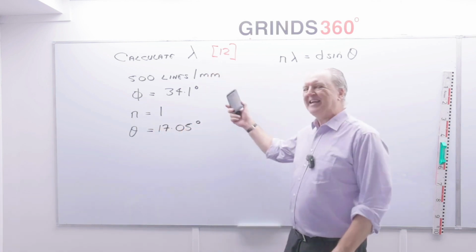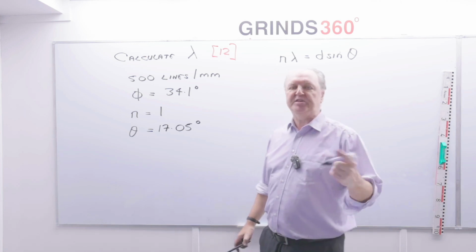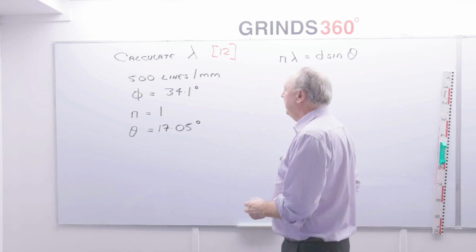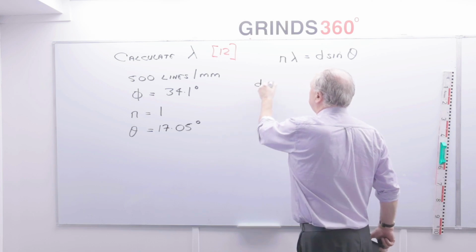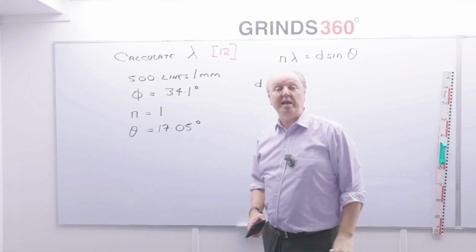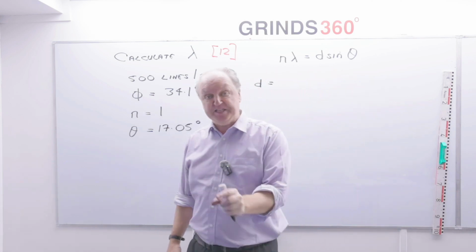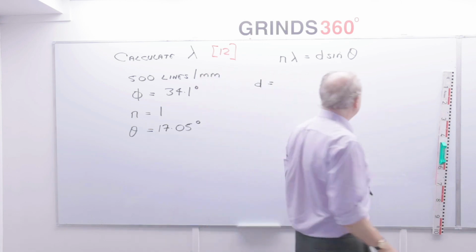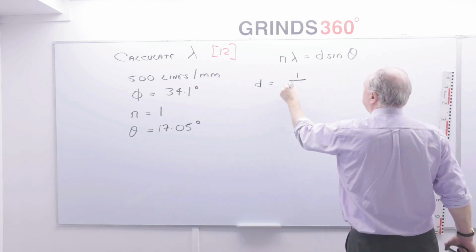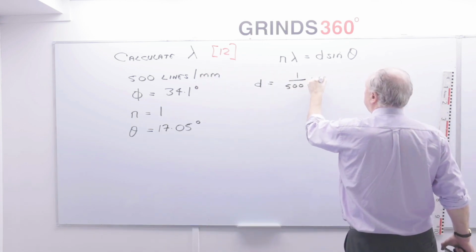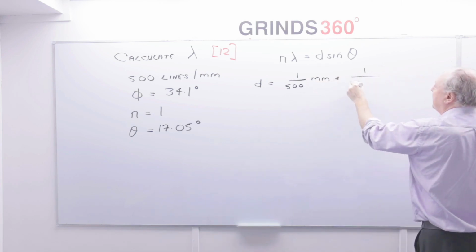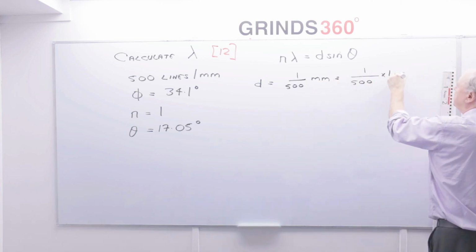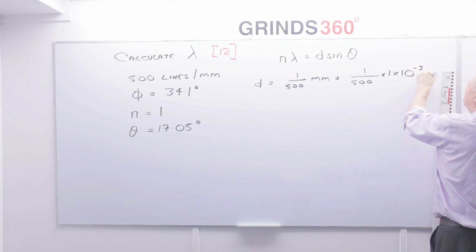I also want to find d. You know what d is? It's the distance between any two lines. And you've got a technique for doing this. So what's d? Well, if there's 500 lines per millimeter, the distance between any two lines is 1/500th of a millimeter. I'll turn that millimeter into its power of 10, which is 10 to the power of minus 3 meters.